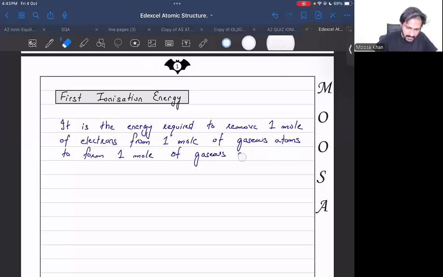Or we can just simply write 1 mole of gaseous plus 1 ions.